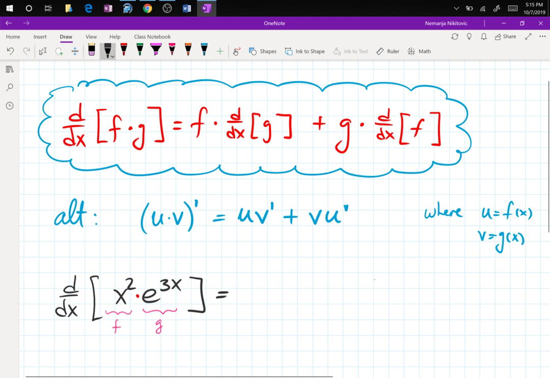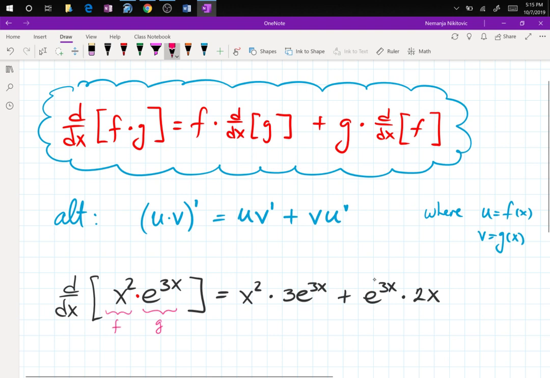And all you need to do is to unleash the formula. Copy the first, that's x squared, times the derivative of the second, that's 3e to the 3x. We know that when you take the derivative of e, that number drops in front. Plus copy the second, that's just e to the 3x. This time you don't get the 3 in front because you're not taking the derivative. Times the derivative of the first, that's 2x.